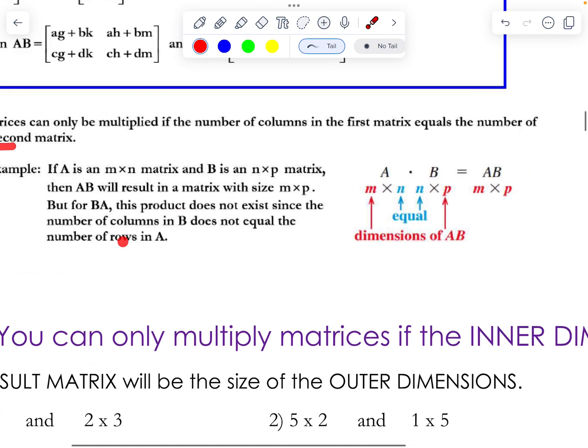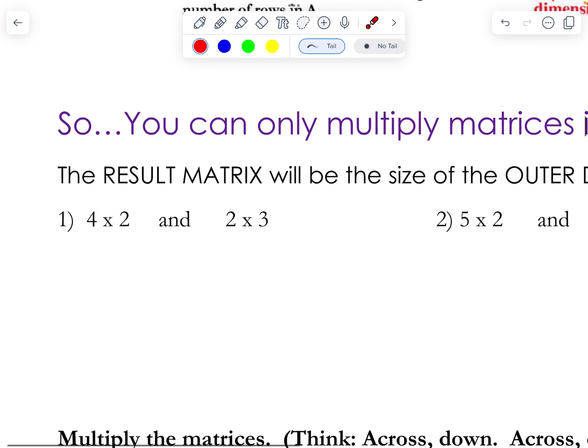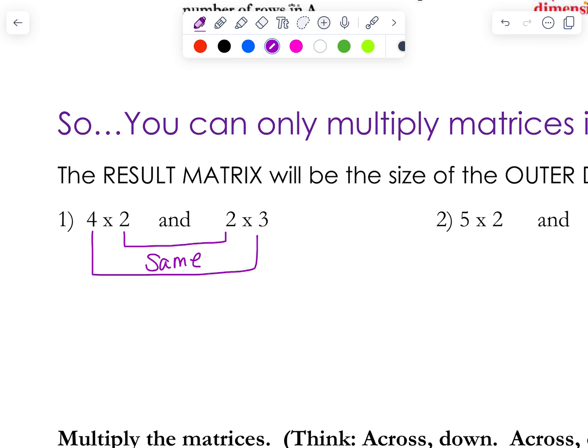So here, what I'm talking about is if I look at number 1, these two need to be the same. Since those two are the same, I can multiply, and my resulting matrix is going to be a 4 by 3.